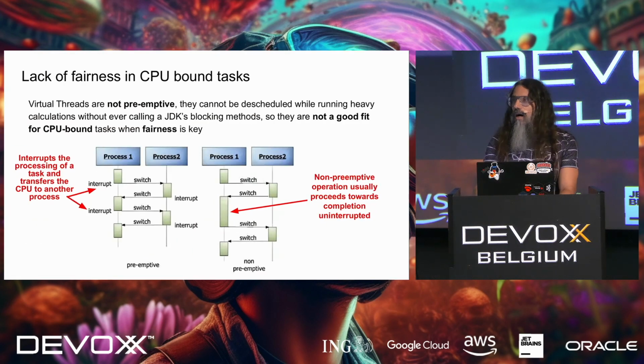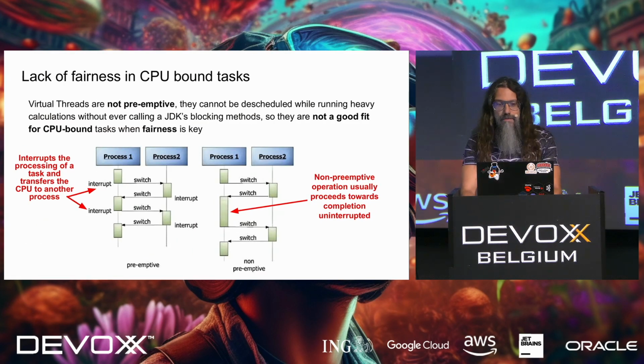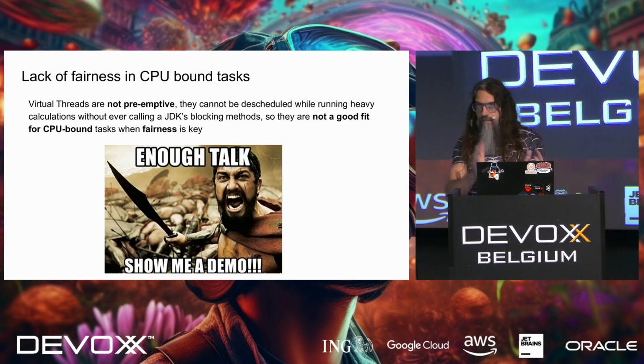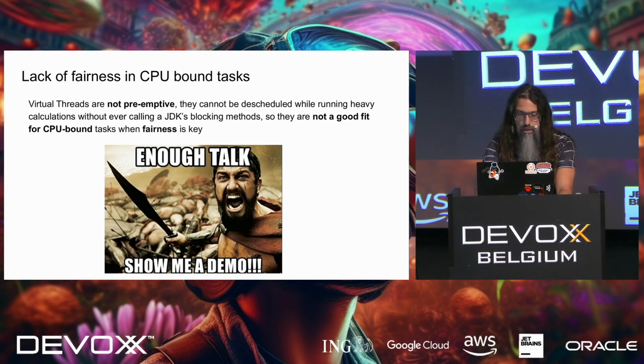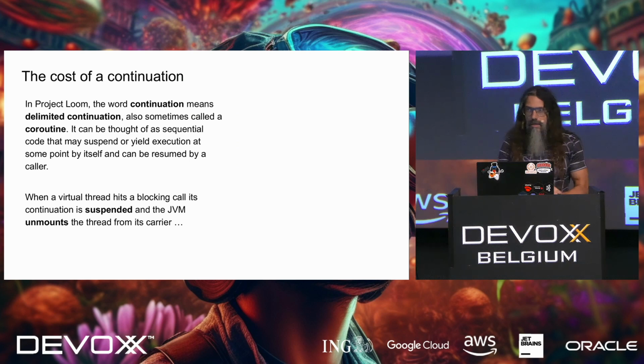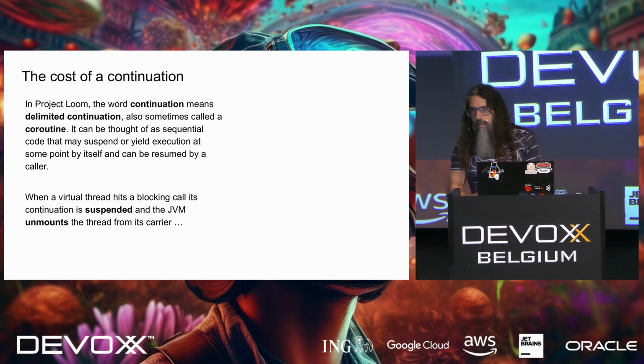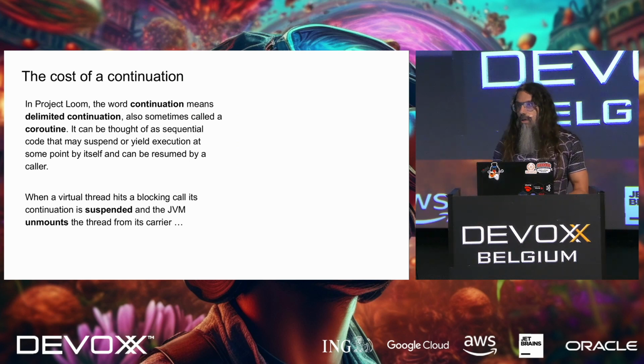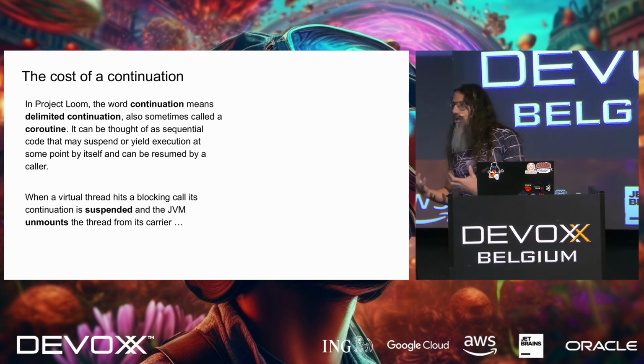Okay, so again, I have a few examples like this. Please feel free to interrupt me if something is not clear. As I said, I tried to describe how virtual threads work. They are actually continuations.